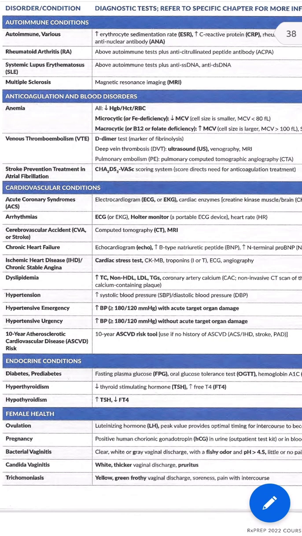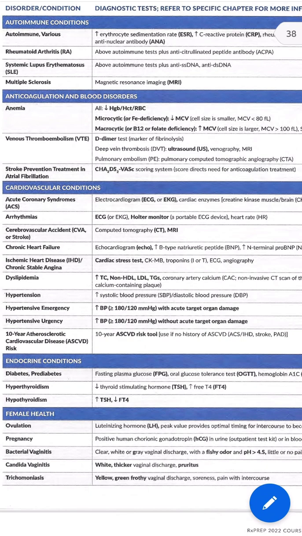Stroke prevention treatment in AFib uses the CHA2DS2-VASc score.